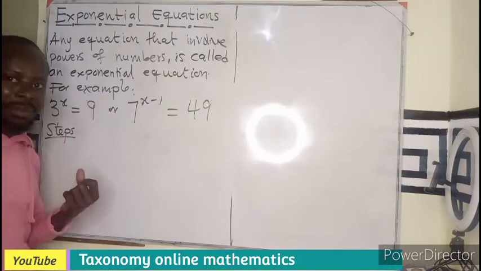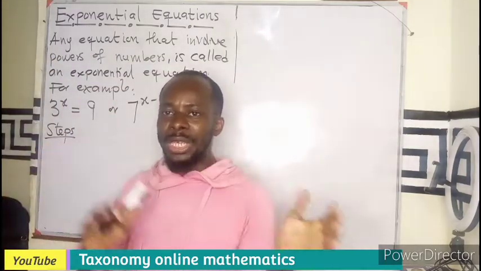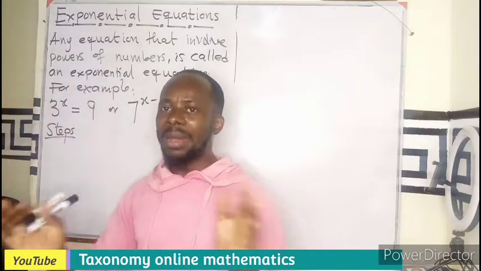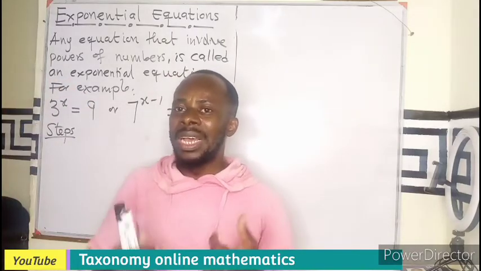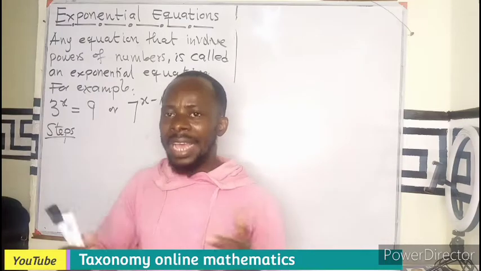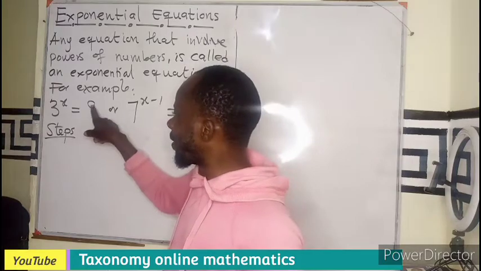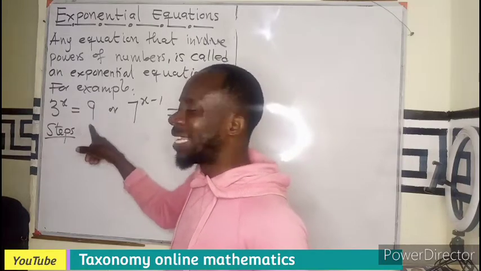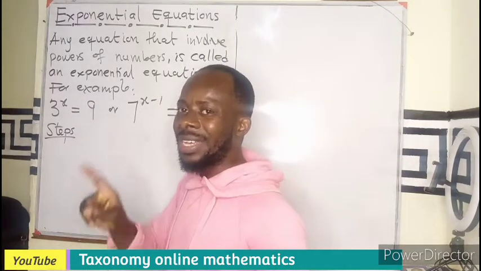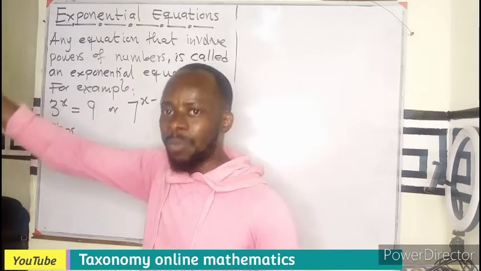One of the steps is that you have to make sure you express every number present in the equation as a power, as in a base and an exponent. So we can also convert this into a number in base 3 with a certain exponent.